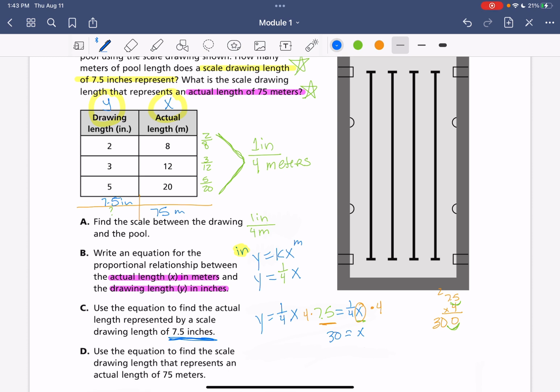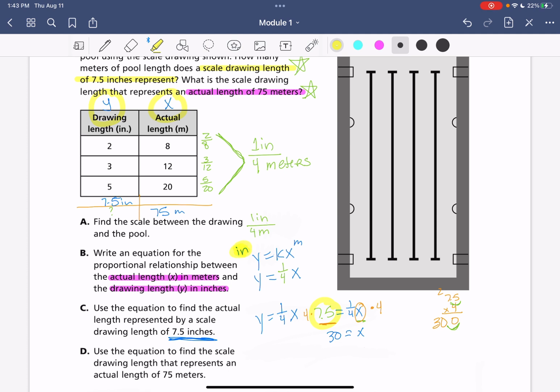Now, like we were saying yesterday, or with the previous lessons, what is 30 talking about? What are you answering? Is this meters? Is this inches? What is the 30 referring to? Try and put that into a sentence. 30 what? So we know when we plug in our 7.5, that's talking about our inches.